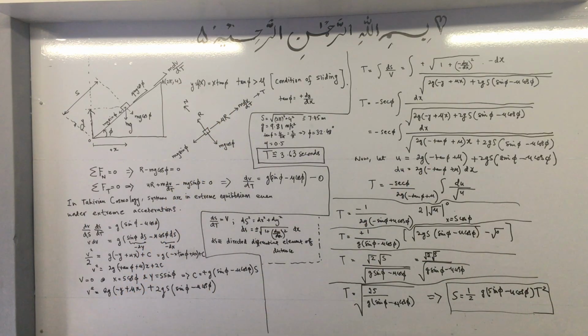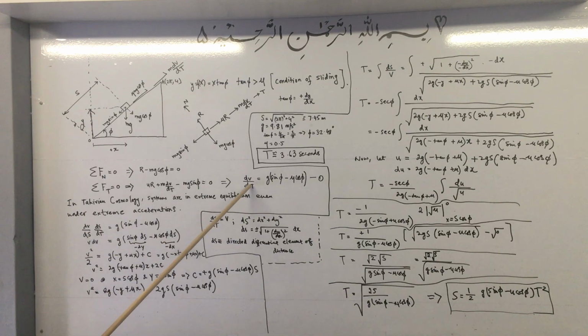Friction is an induced force, induced by the gravity components, but still a mechanical force. Okay, in Tahirian cosmology, systems are in extreme equilibrium even under extreme accelerations, as you know, as per Tahirian cosmology. Okay, so we get dv over dt is equal to, so we get this one, forces in the tangential direction is equal to 0, from here we get this one.